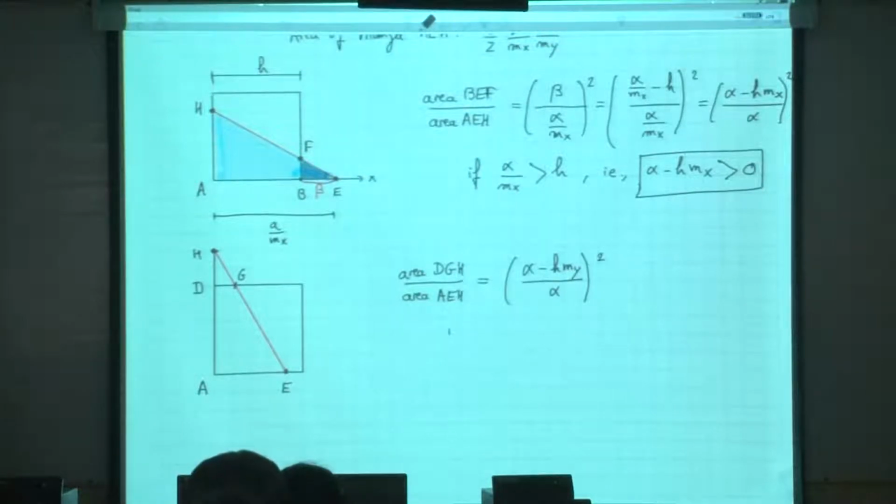And that's to be used if alpha over m sub y is larger than h, i.e. alpha minus h times m sub y is larger than 0.